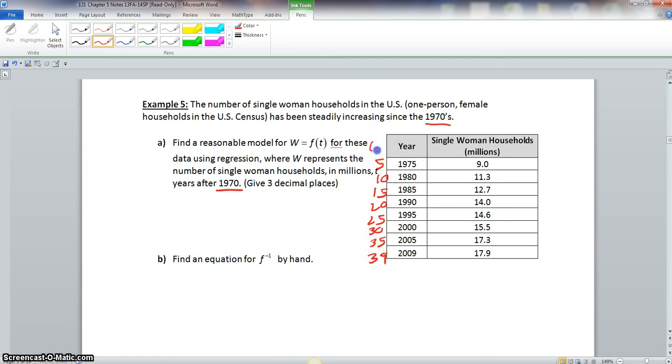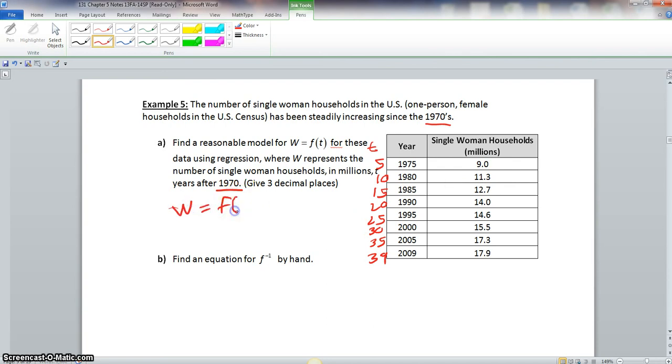This will actually be our T. Now, if we look here, we have our households in the millions. If you notice here, it's steadily growing. Now, we need to put this in our calculator and do the regression formula.